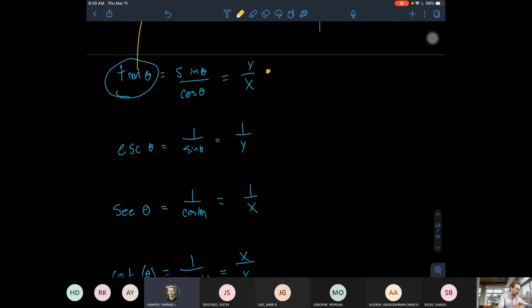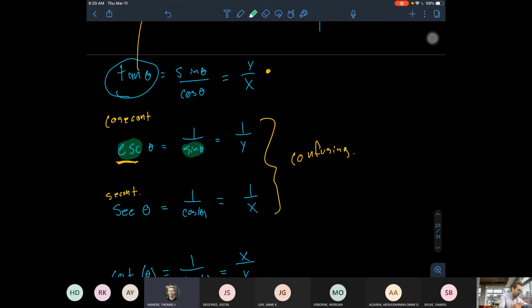Okay, now these next two are confusing. Here's why. We call this one the cosecant, and we call this one the secant. What's confusing is that cosecant is 1 over sine, and secant is 1 over cosine.